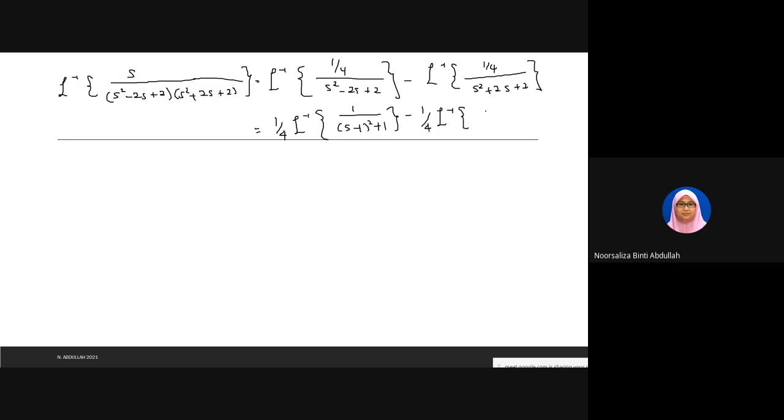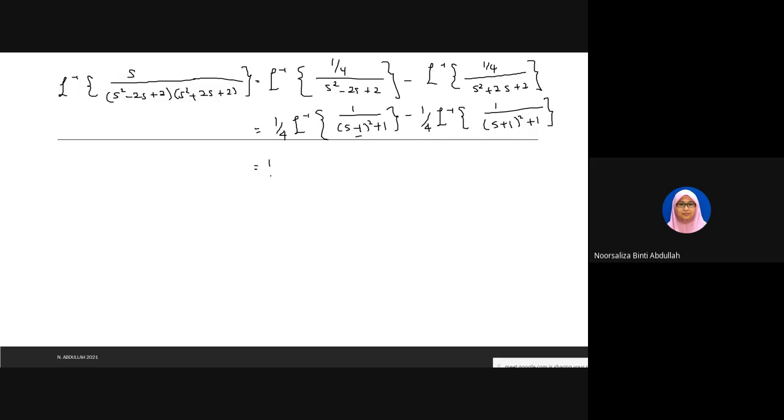This one 1 over S plus 1 square plus 1. Betul? Betul. Okay. So S minus 1.